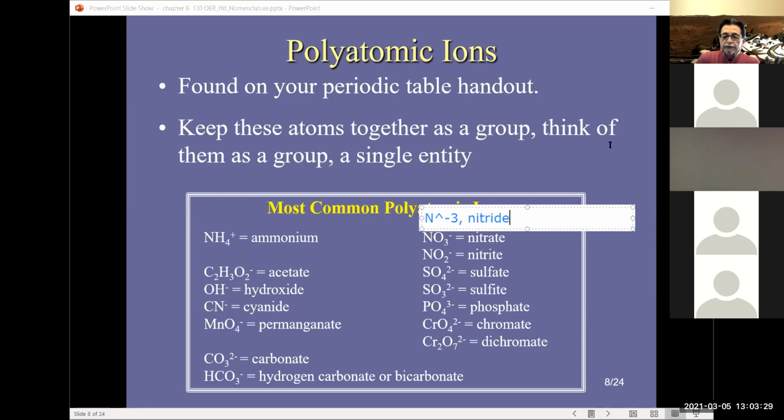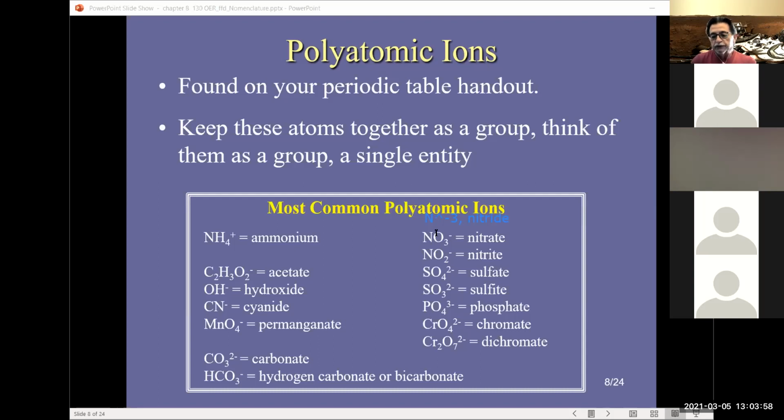So nitrogen becomes nitride. Notice that the moment nitrogen combines with oxygen, as in the next example down where you have 3 oxygens, that whole polyatomic group has a -1 charge, and that group is called nitrate, -ate, not to be confused with the -ide, nitride.